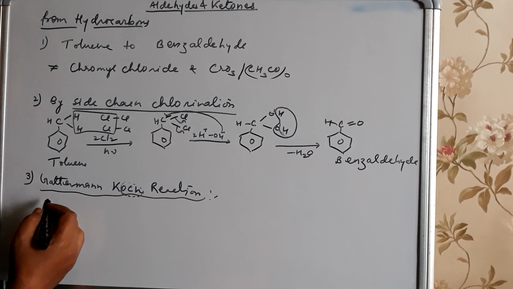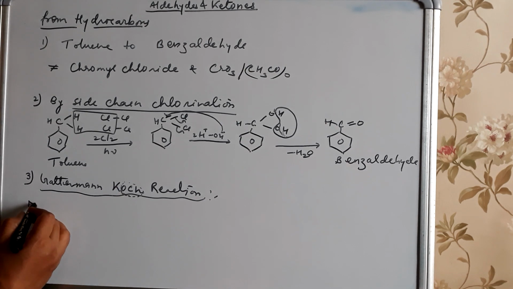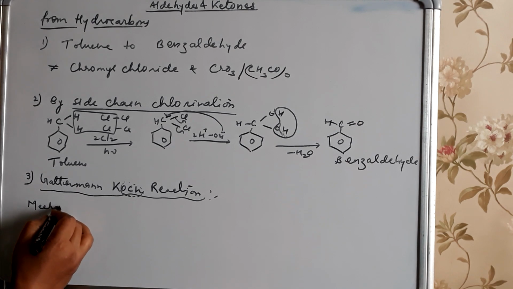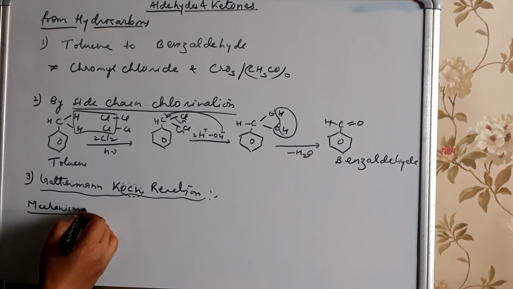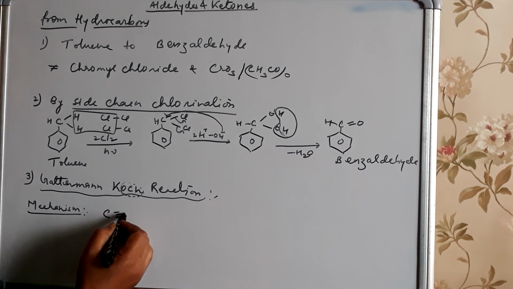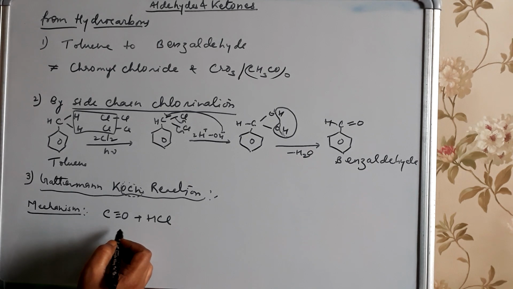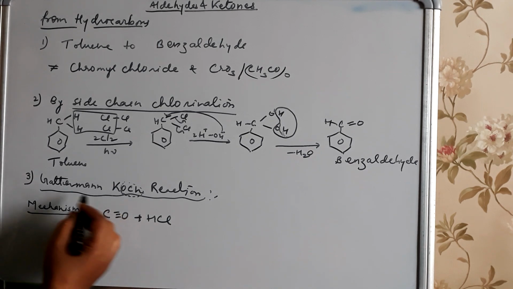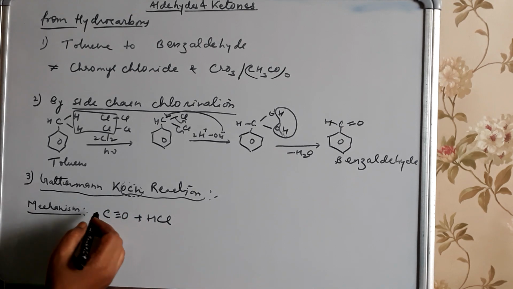See the mechanism, how the reaction proceeds. Carbon monoxide and HCl reagent is used in the Gattermann-Koch reaction for the preparation of aldehyde.